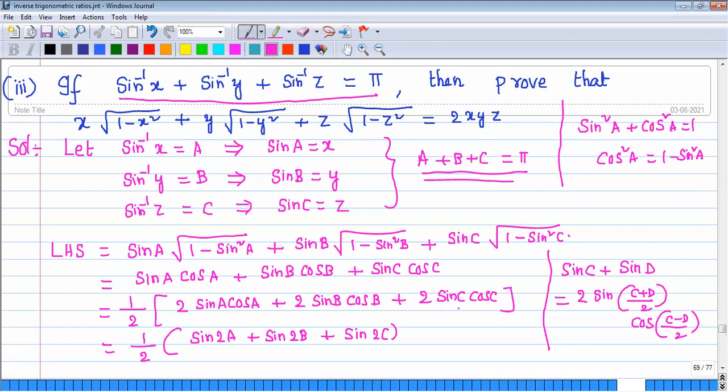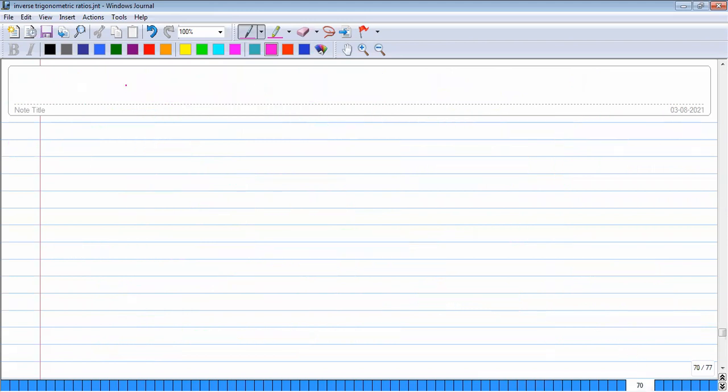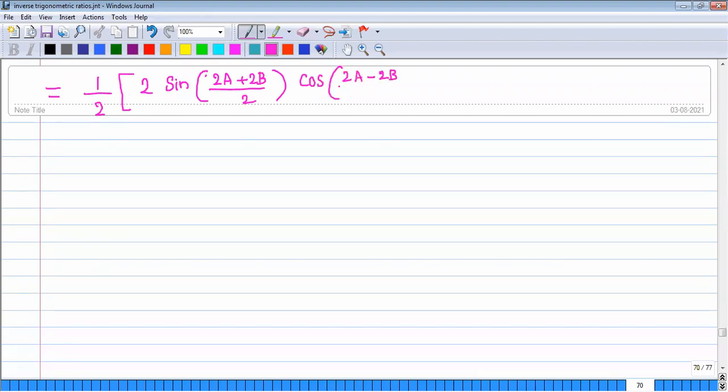Again, sin 2c means the same 2 sin c cos c, let us write it. So this we can write as half times 2 sin of (2a plus 2b) by 2 cos of (2a minus 2b) by 2 plus sin 2c.